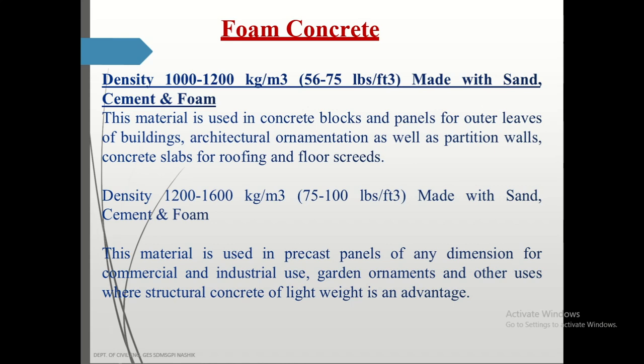Okay, so foam concrete having density 1200 to 1600 kilogram per meter cube is the one that we use for structural purpose, that actually carries the load and bears the load.